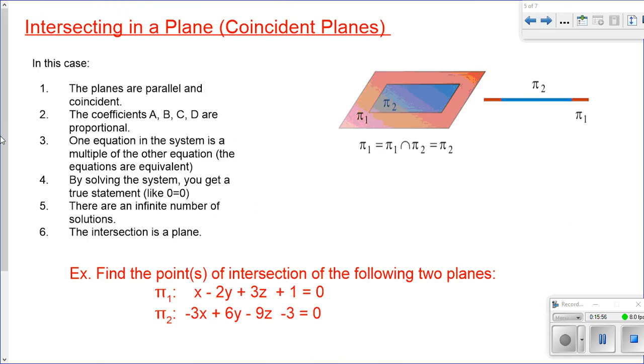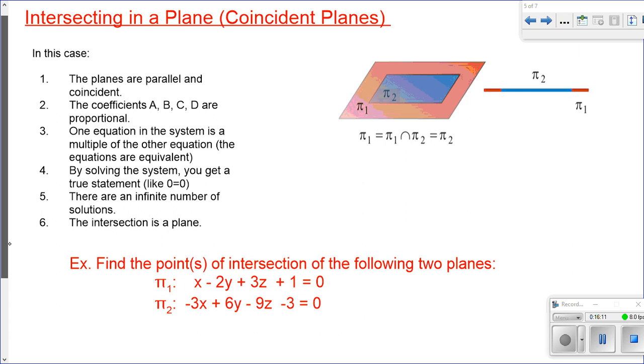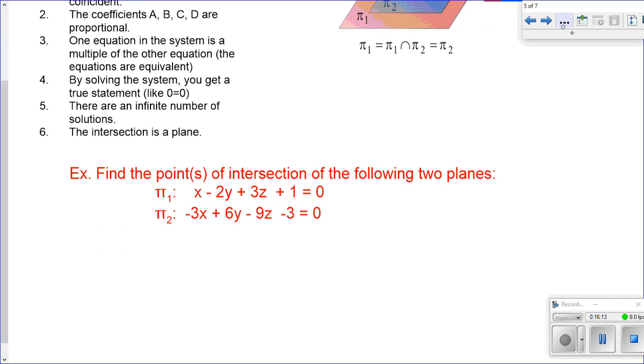All right, now I think you probably know what's coming with this one. When the planes are intersecting, or the coincident planes, again, we look at the normal coefficients A, B, C, and we look at the constant D, and we look for full proportionality straight across the board. So let's take a look at these two examples.